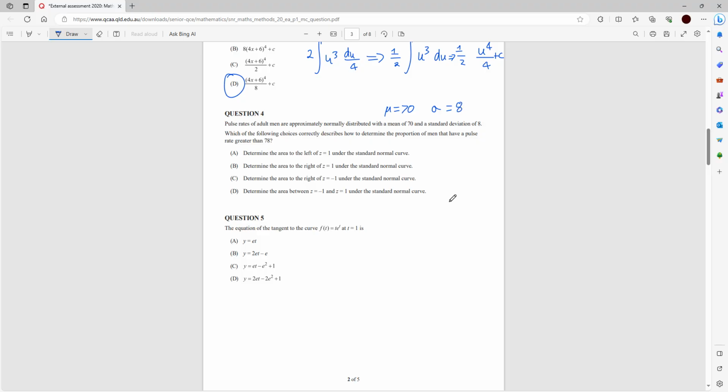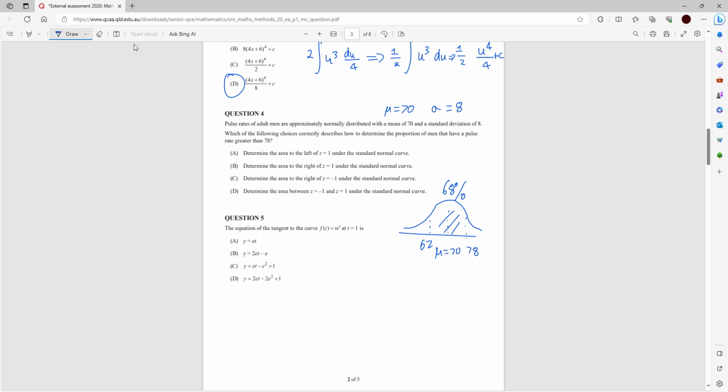Okay, so all I'm imagining at the moment is a normal distribution curve with my mean is 70 and my standard deviation is 8. So when I'm at 78 and when I'm at 62, that will have 68% of the data pretty much.